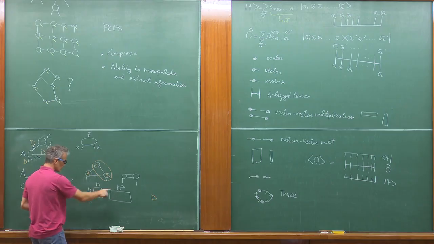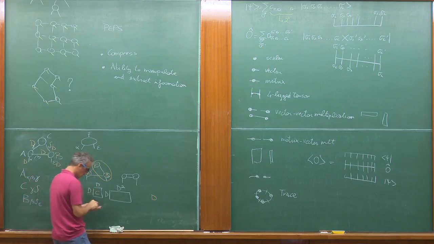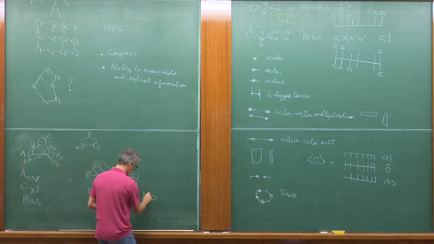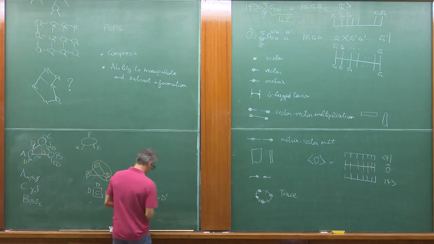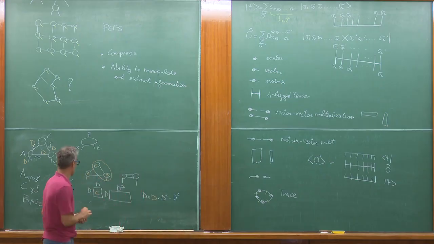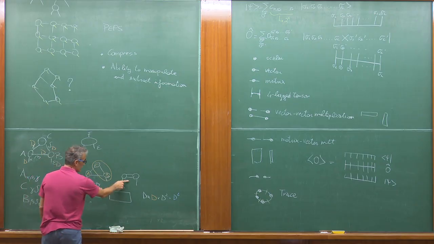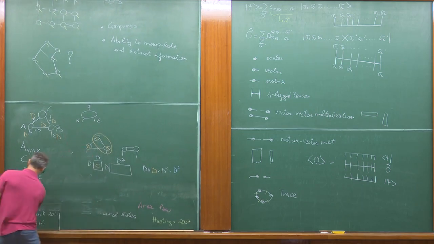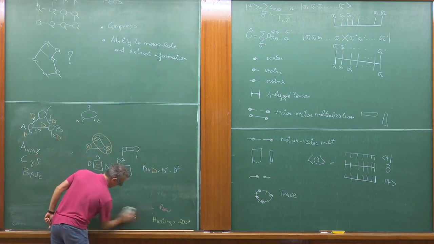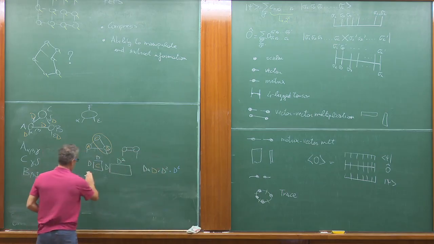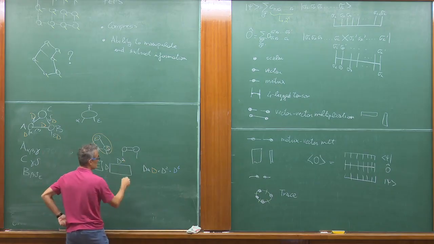How many times do I need to do this? D times for each of these rows, and then D squared times for each of these columns. So it will take me D to the 4 steps. The last operation is of this form.